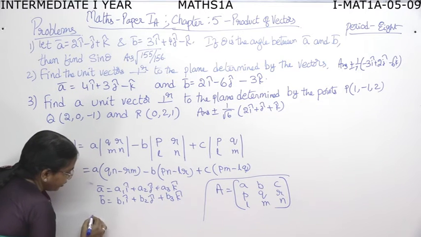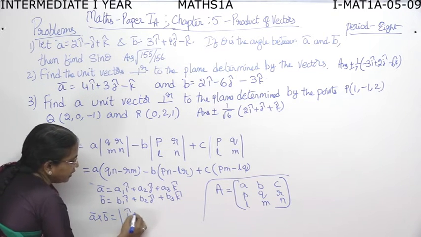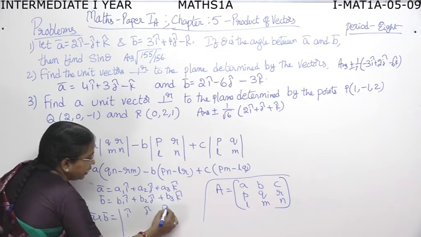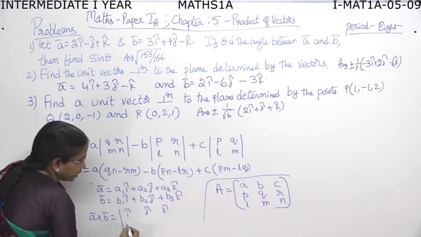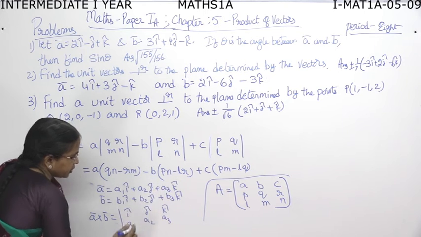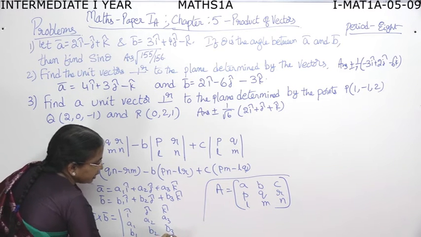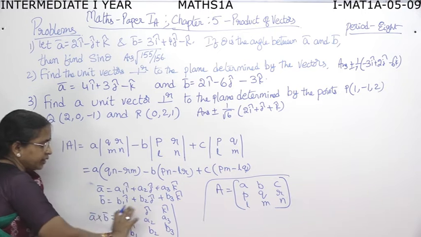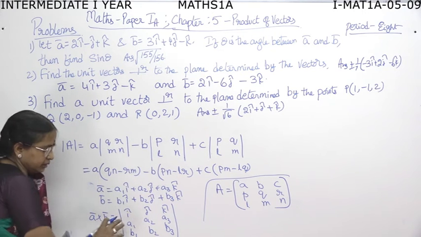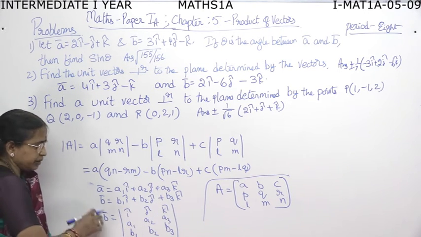Then we already proved that A cross B is equal to the determinant of i, j, k, then A1, A2, A3, the i, j, k coefficients, then again B1, B2, B3. So it is the determinant of this. Now find the determinant by this method. You will get some expression, that is the A cross B vector.